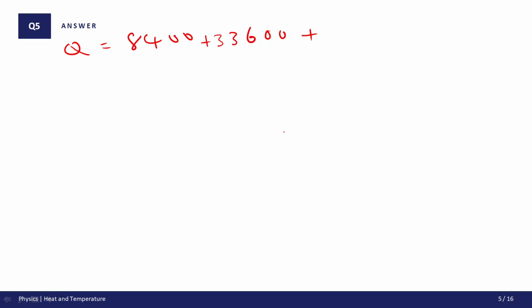Now add these three: 8,400 plus 33600 plus 2100. Answer you will get 42,100 joules. But the work is not yet over here.